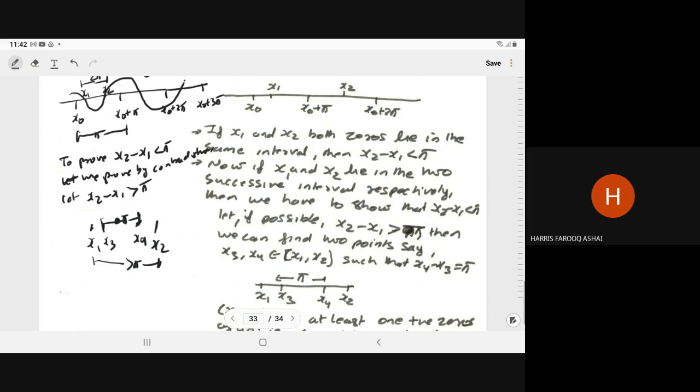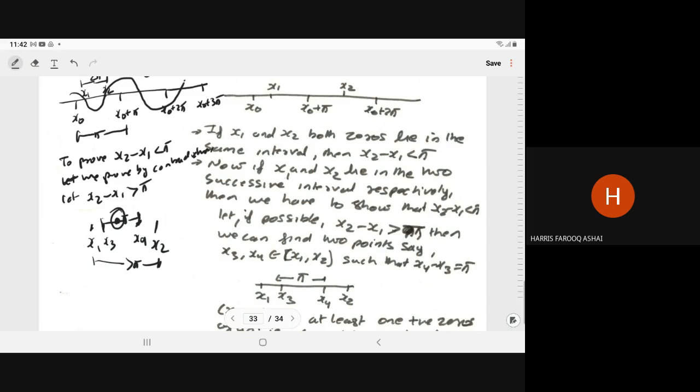This contradicts that x1 and x2 are successive zeros. It means there is one more zero between two successive zeros, which is not true. So the assumption we have taken is wrong.